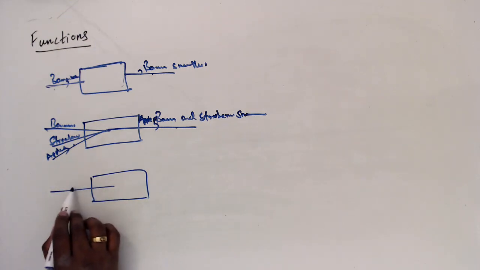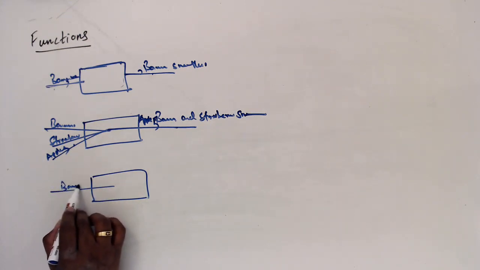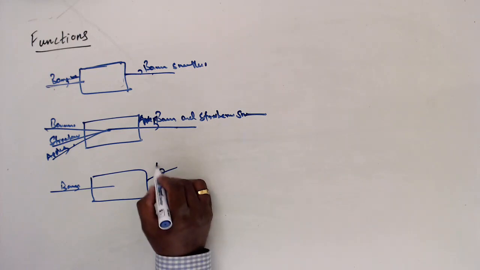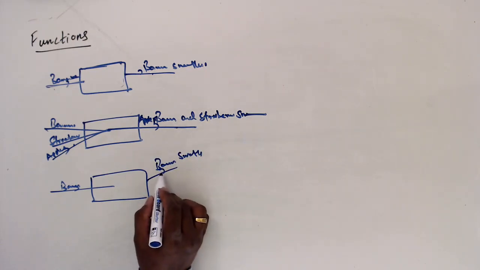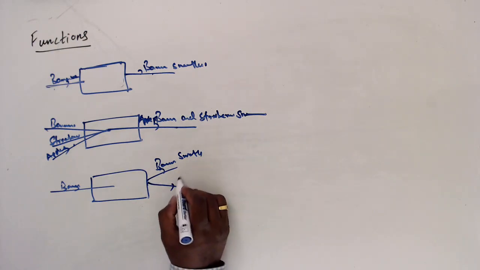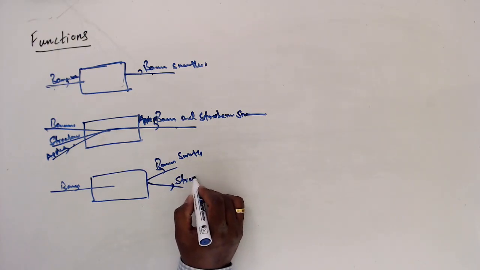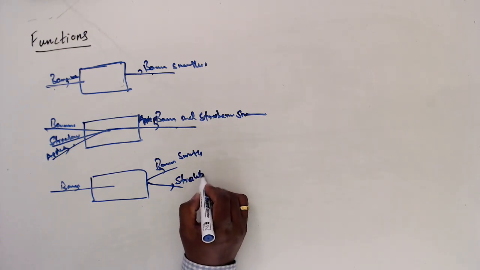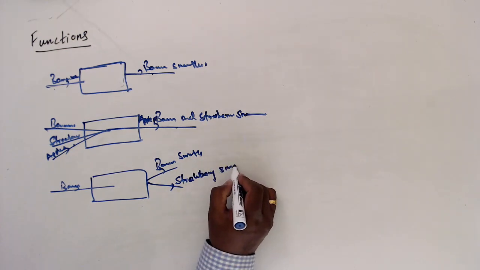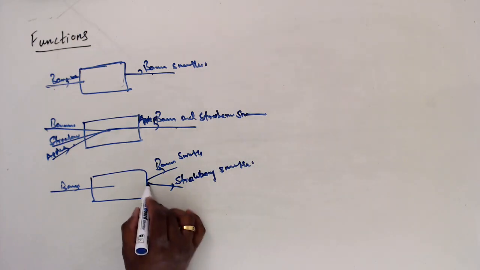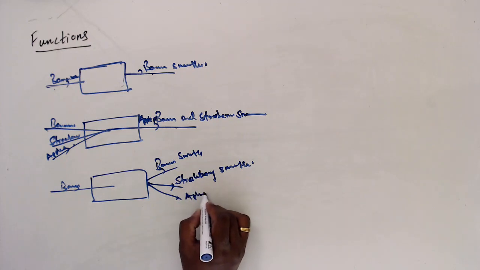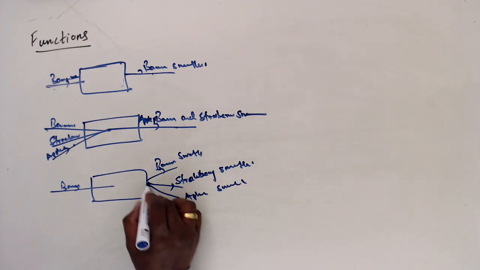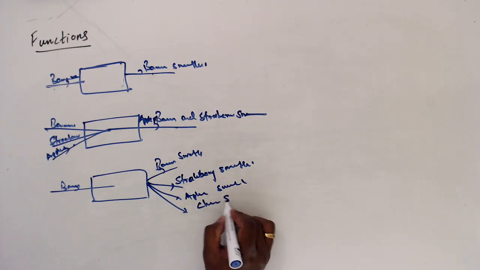When you put a banana, can you get a banana smoothie and, at the same time, a strawberry smoothie? Or let's say another one, an apple smoothie and a cherry smoothie.